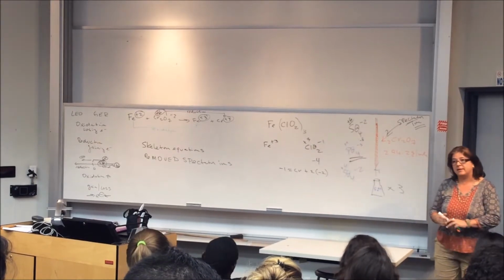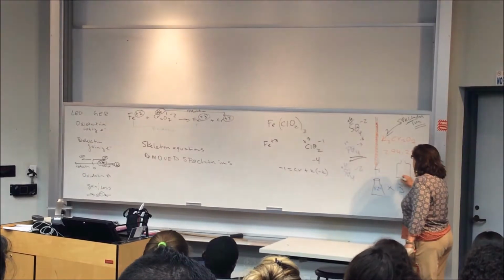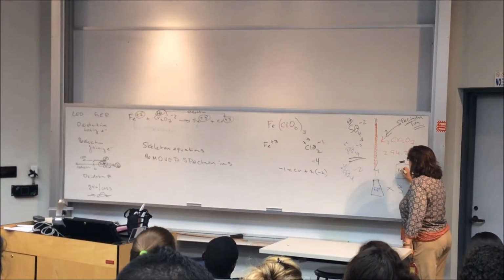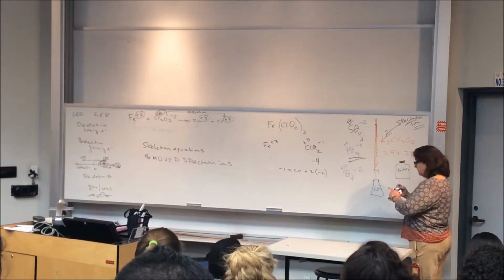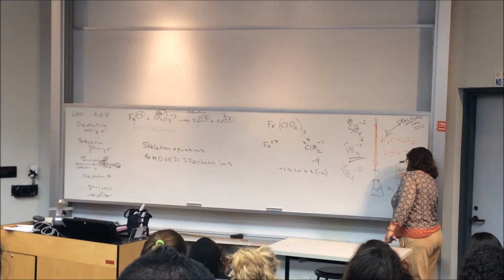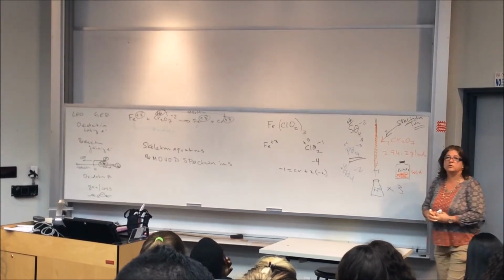We can't do that. The potassium dichromate, for those of you that have already done the experiment, was in a bottle in the back of the lab. It was a solid, a very beautiful orange crystalline solid.